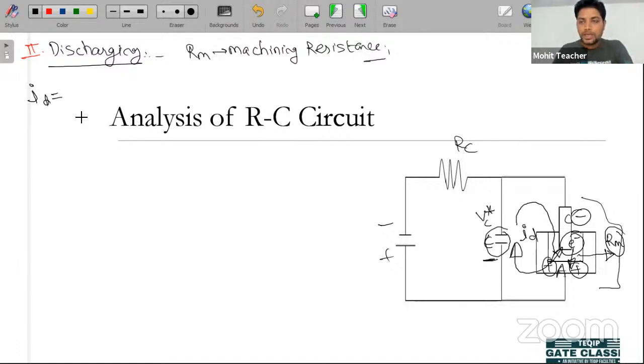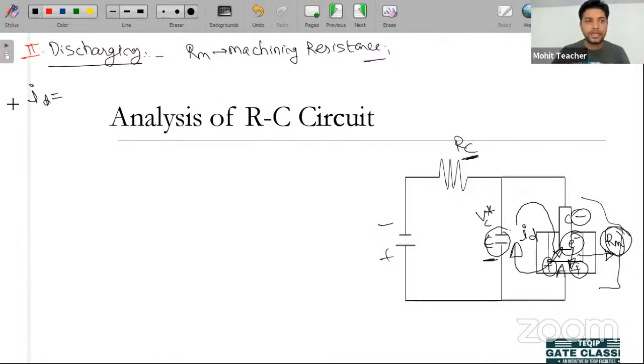Initially your capacitor is 100% charged. After some time, there is only one resistance, which is RM. Now its contact is not in this circuit. So when this current is supplying, initially you have some voltage. Then, from the discharging time you have used, how much does the voltage change? Initially how much voltage was there and what resistance you are taking. So you can calculate the value of the discharging current from there.